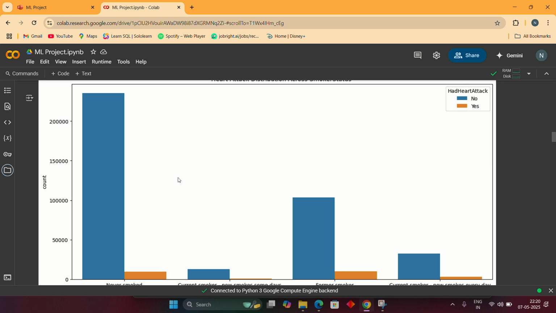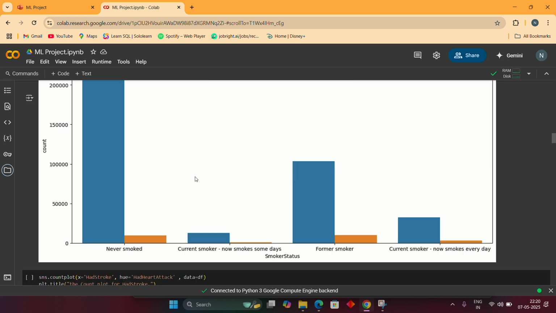Those who smoke only some days have a lower heart attack rate at 6.8%, while former smokers showed an 8.2% heart attack rate. In contrast, individuals who had never smoked had a heart attack rate of only 3.7%. This shows that both current and former smokers carry a significantly higher risk compared to those who never smoked.